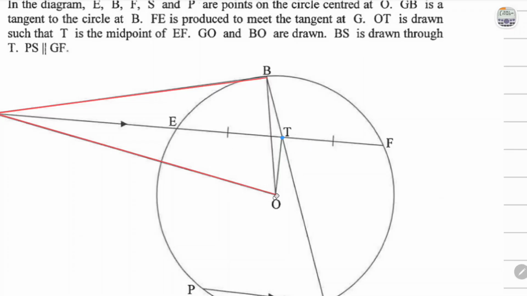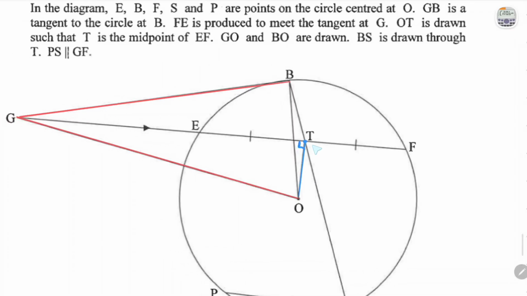We have a line from the center of the circle to the midpoint of a chord, okay? And that line would be perpendicular to the chord. So that is 90 degrees over there. Now, if this is 90 degrees and we're trying to show that the angles in the same segment are equal, then this should be 90 degrees.